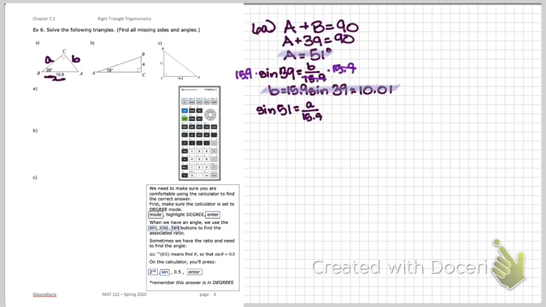Okay, same thing here. We're going to multiply both sides by 15.9 so that we can eliminate that denominator. I get a equals 15.9 times the sine of 51. Notice I'm very careful to put that 15.9 out front. Round it to 2 places, we get 12.36.